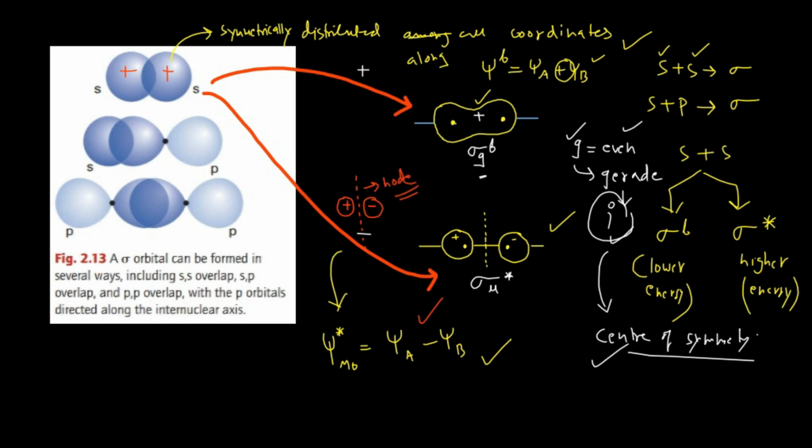And you know the node is the volume where the probability of finding the electron is 0, right? So when you subtract these two, there occurs a node. This is the molecular axis, and perpendicular to the molecular axis, there would be this node, right? This is the nodal plane. When this node is occurring, then this molecule is not having the center of symmetry.